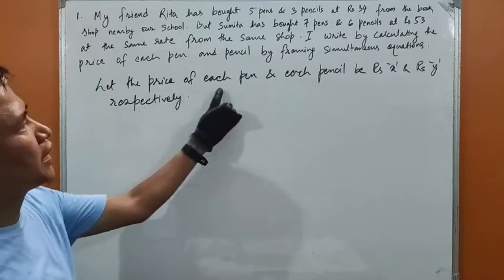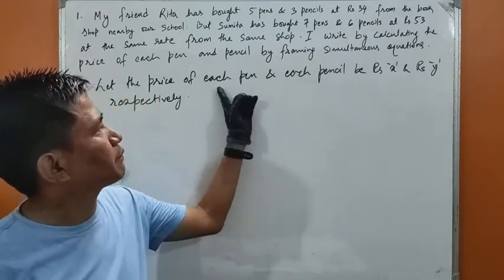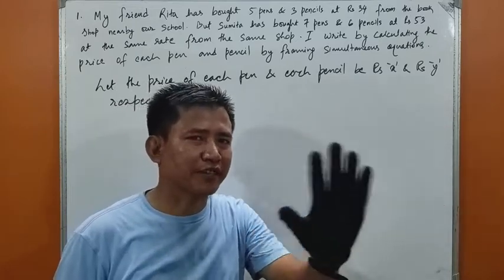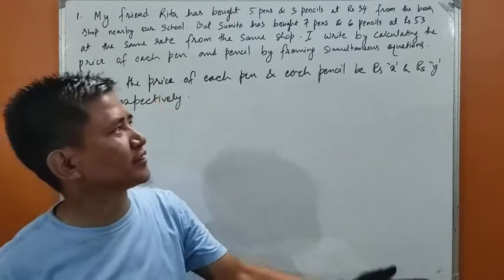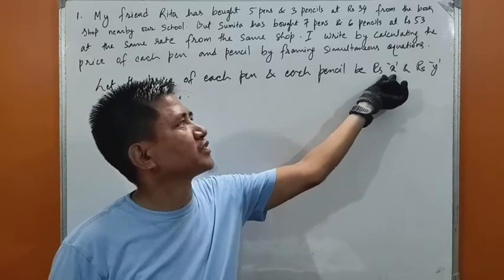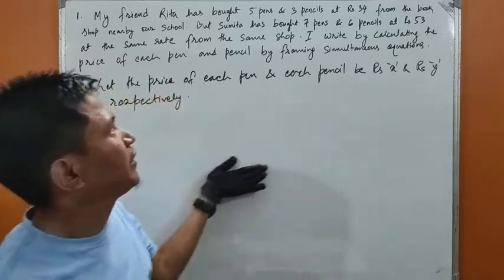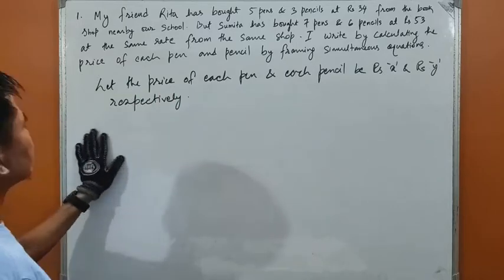That means the price of each pen is rupees X and the price of each pencil is rupees Y. We don't know the price of pen and the price of pencil, isn't it? So we assume the price of 1 pen be rupees X and the price of 1 pencil be rupees Y. Now let us frame the simultaneous equations.